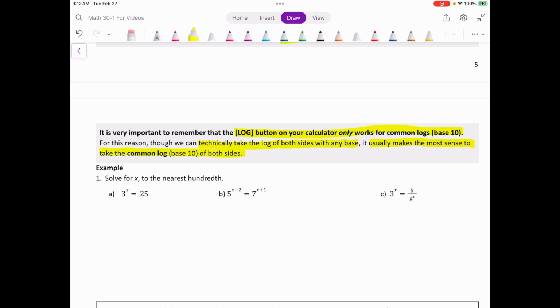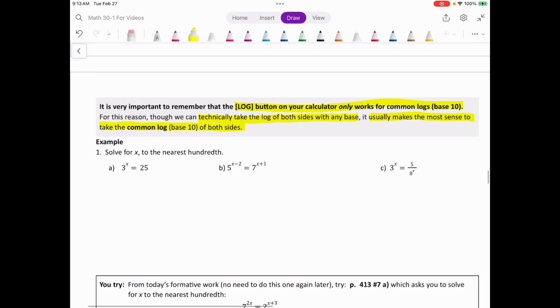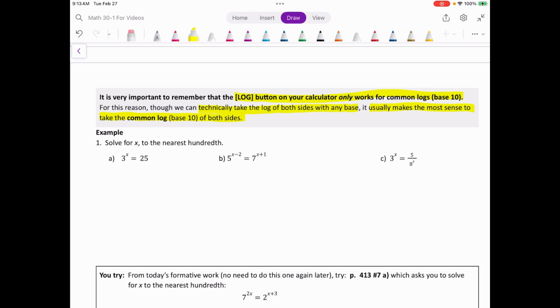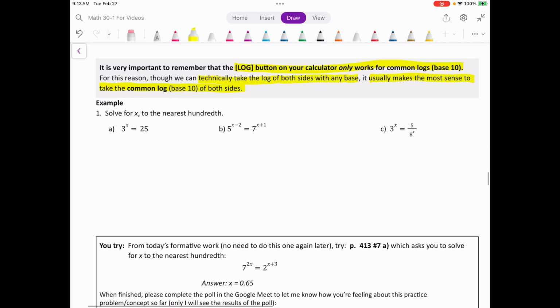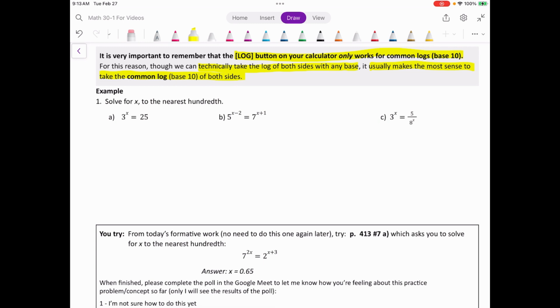There are exceptions, like if you take the log base 3 of something like 3, then you can just turn that into a 1. Log base 3 of 3 is just 1, since 3 to the power of 1 equals 3. But for the most part, when we're doing this log of both sides thing, typically log base 10 is the way to go. Not always, though, but most of the time. Okay, let's try this out with a couple examples.